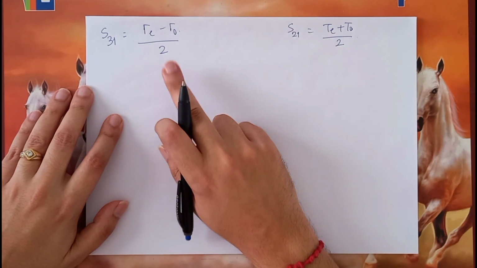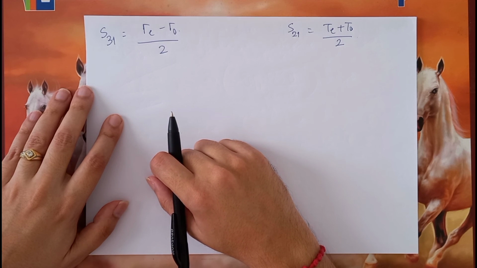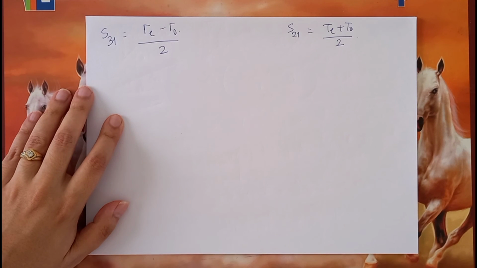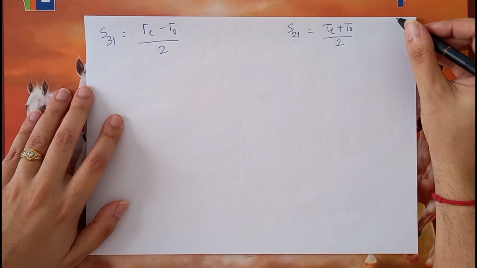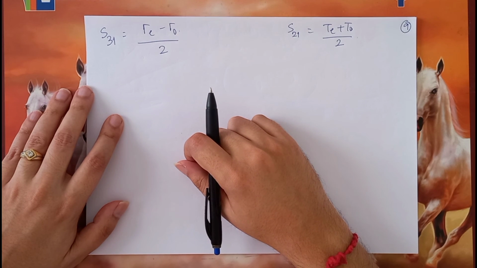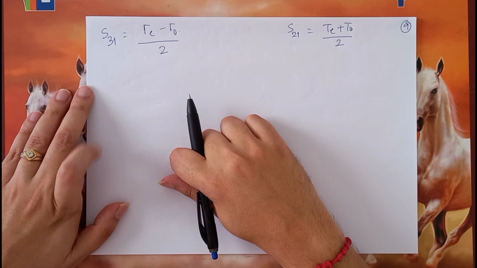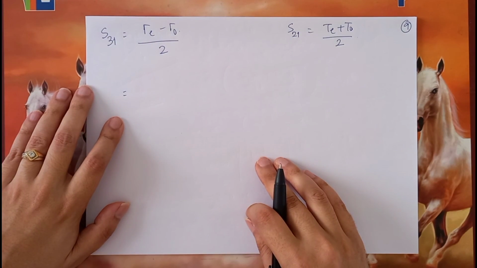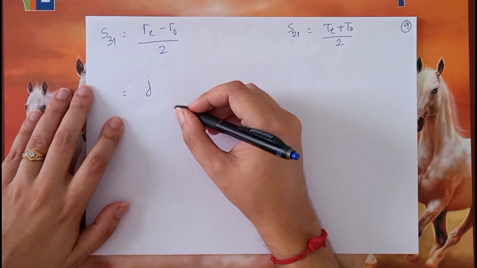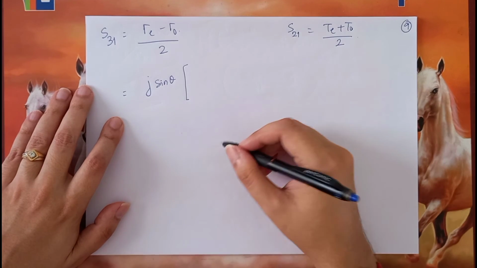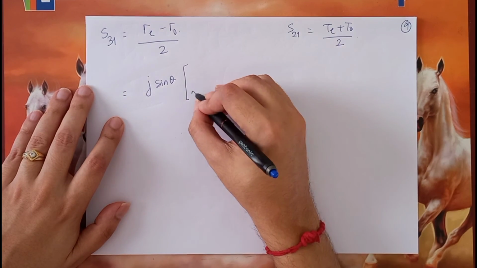So now, if you substitute the ABCD parameters over here and again apply the condition for Z0 becoming equal to the square root of Z0O times Z0E, what you will see is that S31 essentially looks like this: j sin theta. It's just simple steps of some mathematical operations. You can look at it yourself.